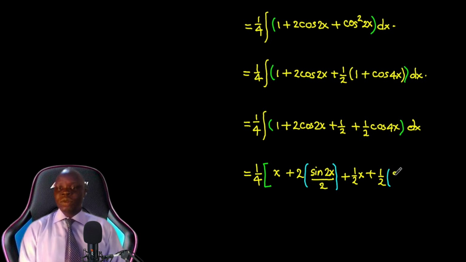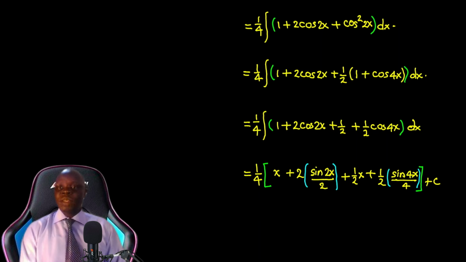Our cosine goes to sine 4x, also dividing with this coefficient 4. So let's close that bracket up, and we are done with this integration. But then we had this 1/4 that is going to multiply every term, so we have to also finish it up by closing up this plus constant of integration. So we're just left with opening up this bracket, and finally we will be done.